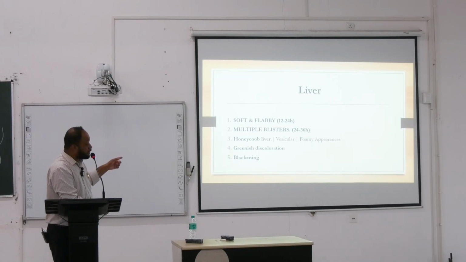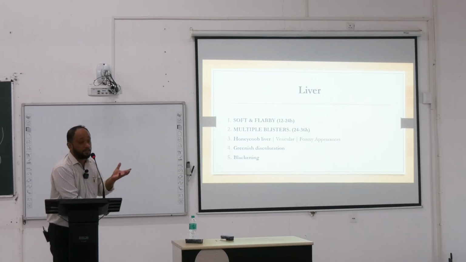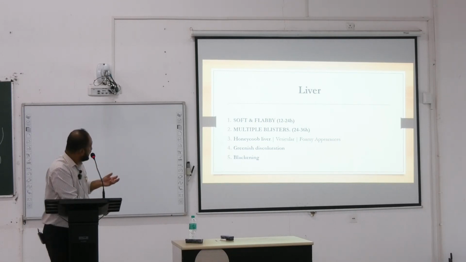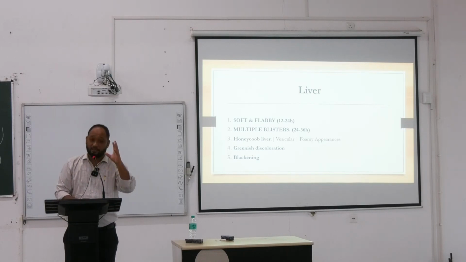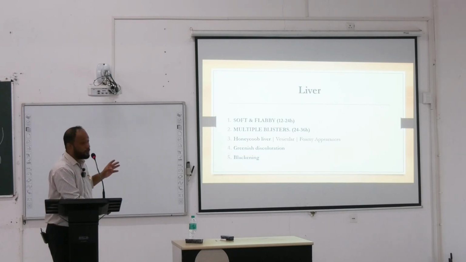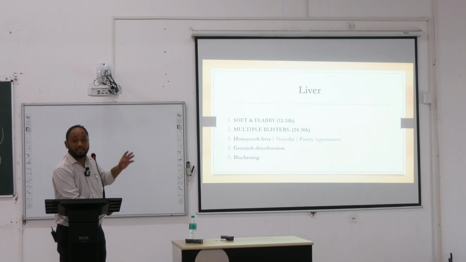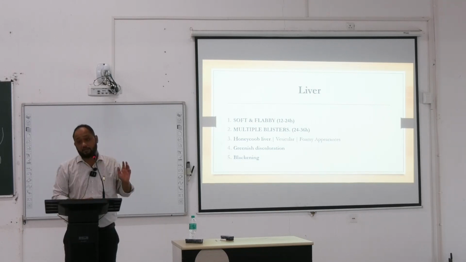First, within 12 to 24 hours after death, the normal architecture and consistency will change into soft and flabby, and the liver will start becoming a little greenish and yellowish. After that, due to accumulation of gas, multiple blisters will form within 24 to 36 hours.